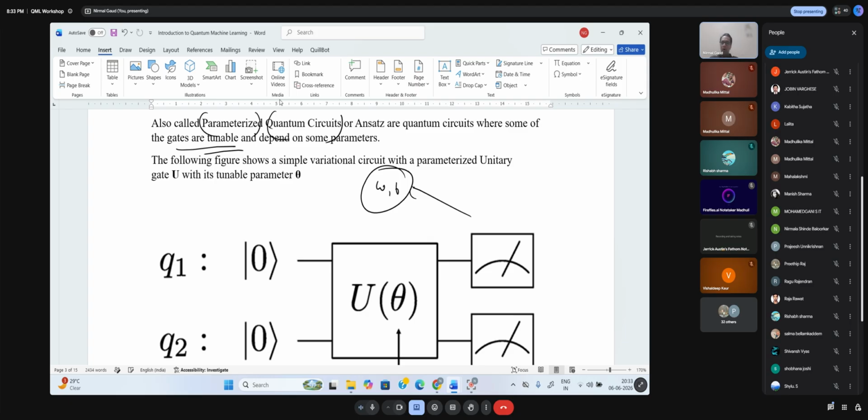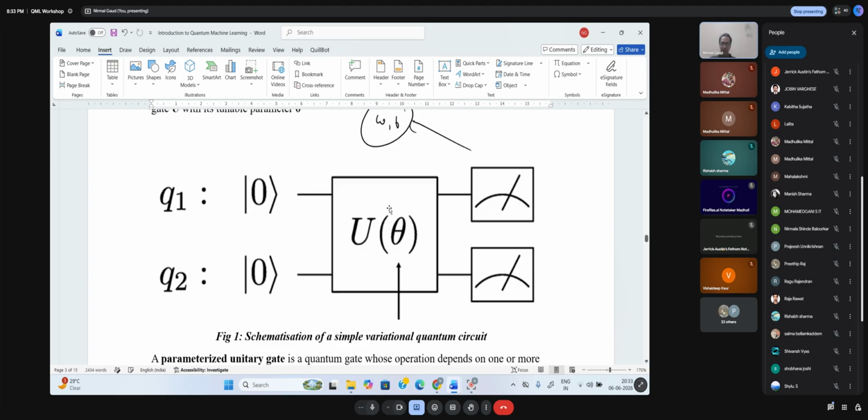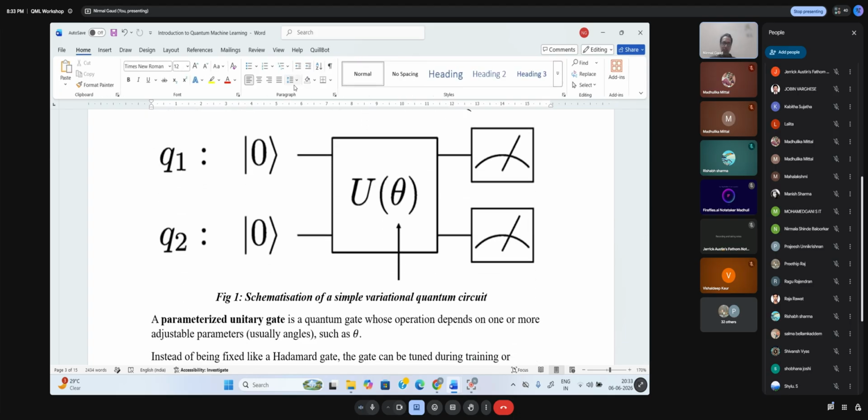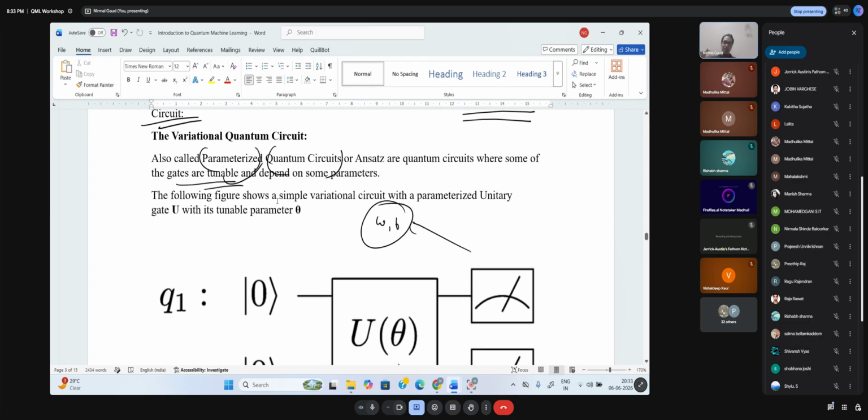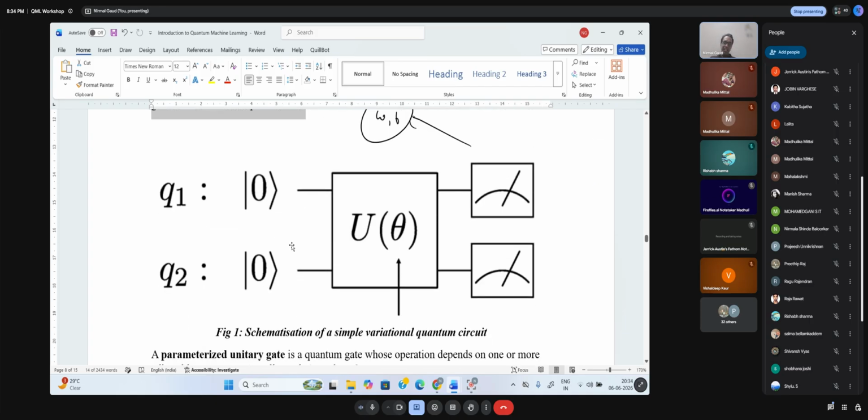Got it. So following the figure shown here, you can see U theta is present. That means it's a simple variational circuit with a parameterized unitary gate and a tunable parameter. It's called a unitary gate U and a parameter theta.